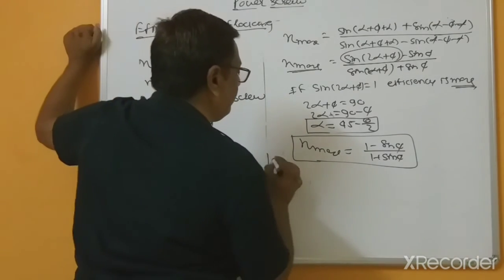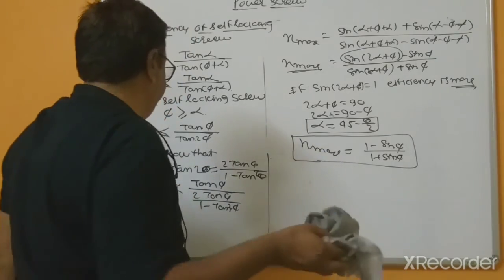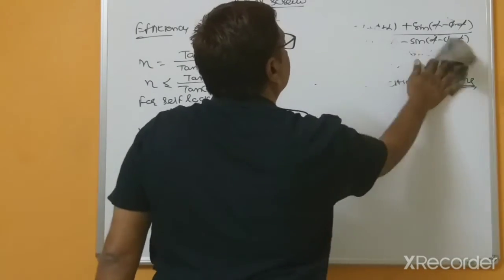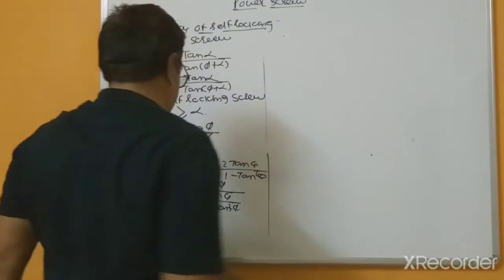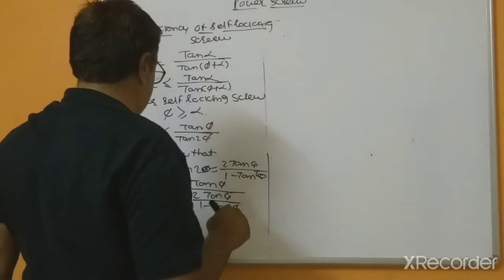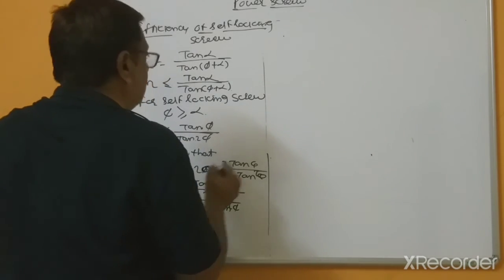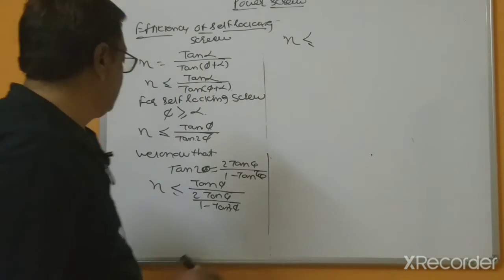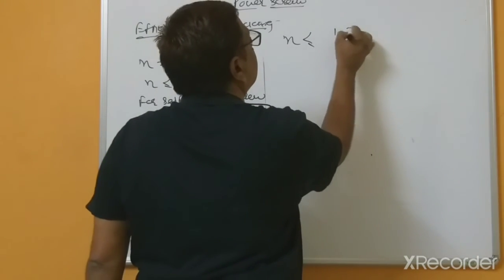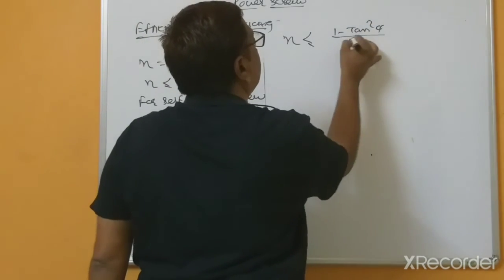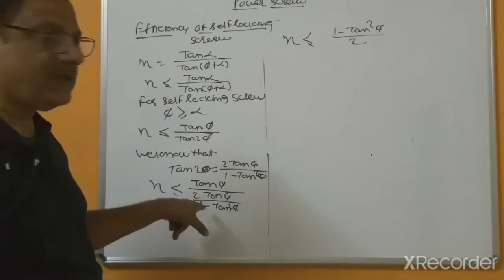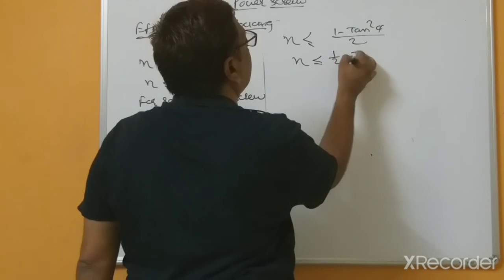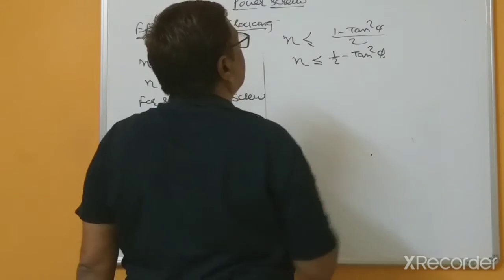So the efficiency equals, and this tan phi will get cancelled, and this is 1 minus tan square phi divided by 2. So that's why efficiency equals half minus tan square phi.